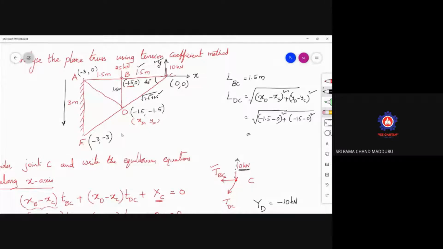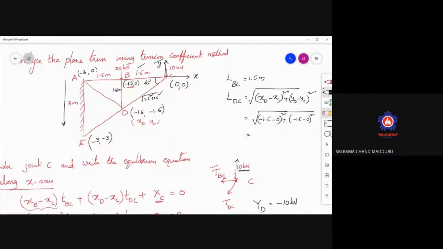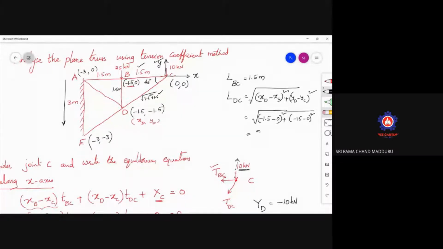So you will get the length of the DC member. What is the length of DC? Give the answer in the chat box. 2.12 meters, right? So the length of the DC member is 2.12 meters.